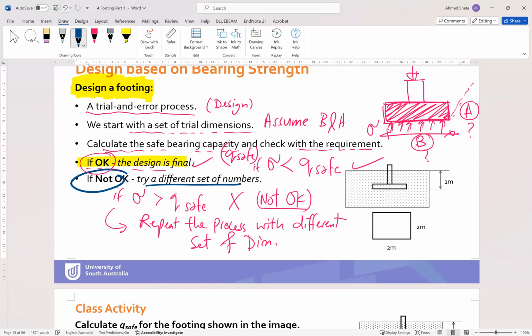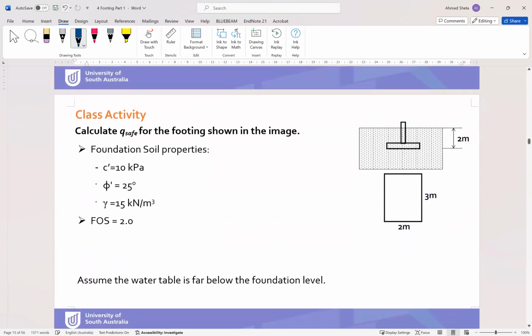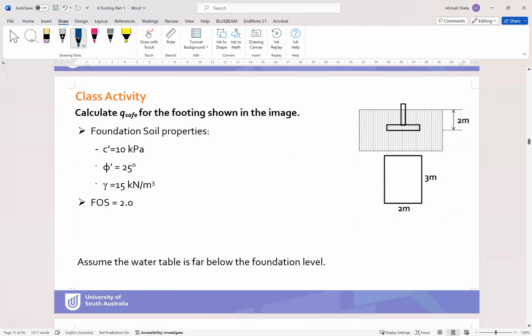Okay, so this is briefly the design process of a pad footing or shallow footing.